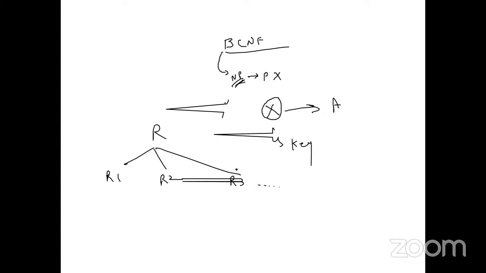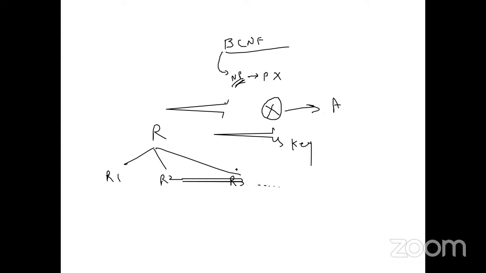So BCNF is the only form where we can say that even if some dependency does not preserve, it's fine, it is allowed. But up to third NF, all the dependencies must be preserved. Now, when we go for an even more strict version like BCNF, then obviously we have to compromise something. Like one or two dependencies, in my case, let's say it is not satisfying, it's fine.